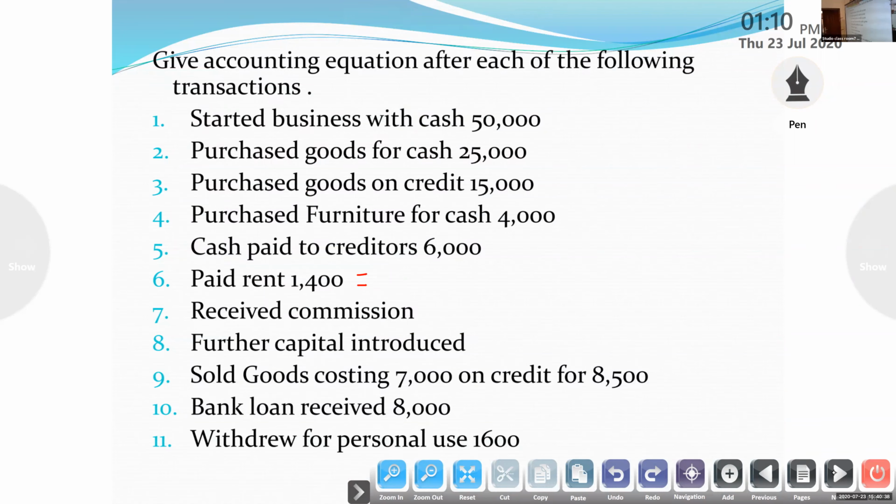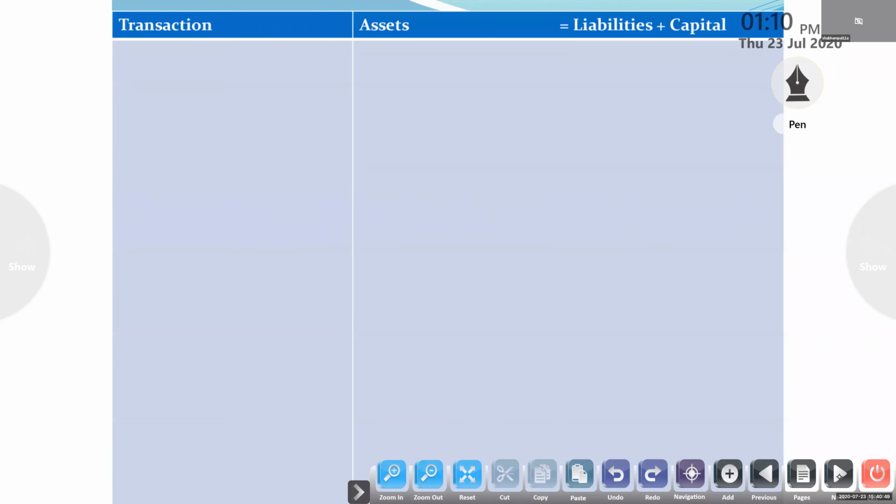Give the accounting equation from the following transactions. So, total transactions are there. Started business with cash, that we will do. So first one, heading will be accounting equation.